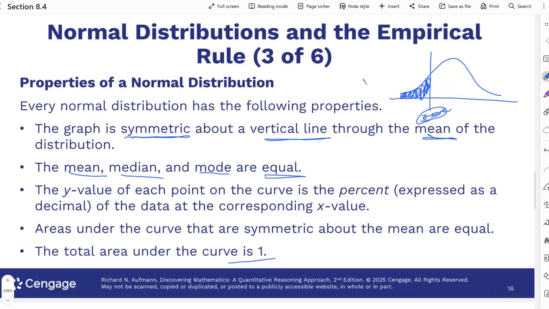So we could find the probability that some z-score is less than or equal to some number, and it's going to be that area that's over here.